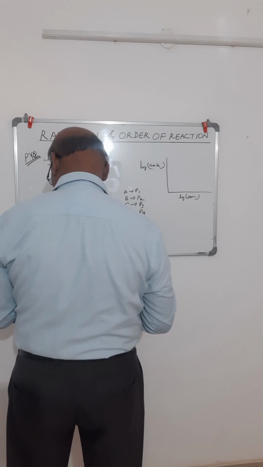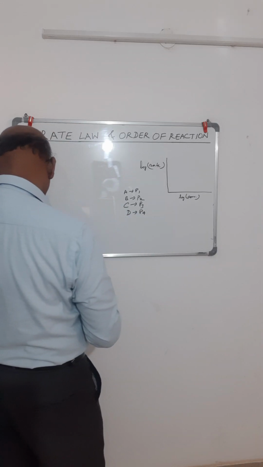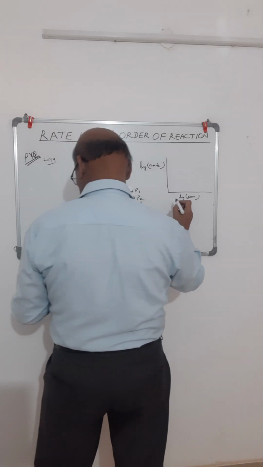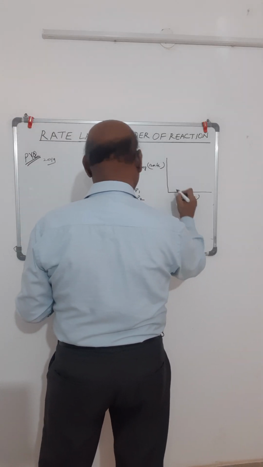What we have to find out is the order of these reactions. So these four graphs are given to us.